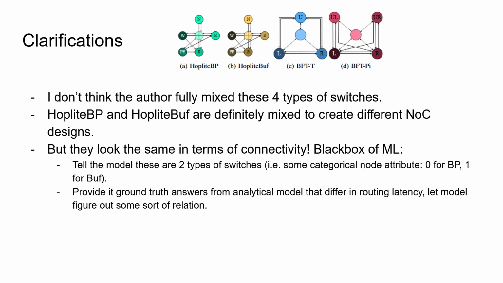As long as your ground truth generation, from either an analytical model or RTL simulation, has a different answer in terms of routing latency, you assume the model will be able to figure out a difference. When it sees that attribute laid out in a particular way, there's some sort of pattern there.